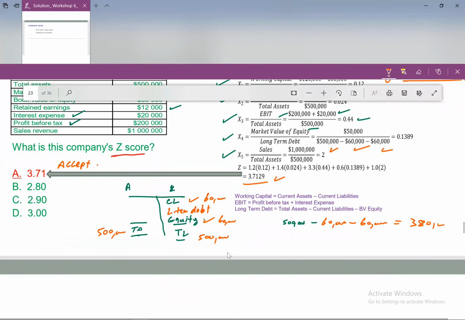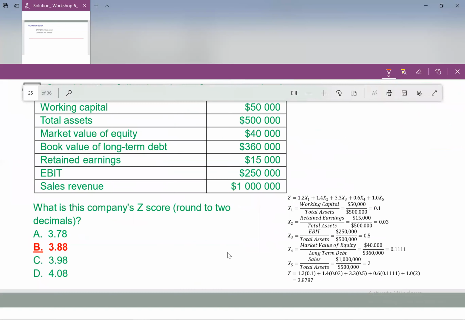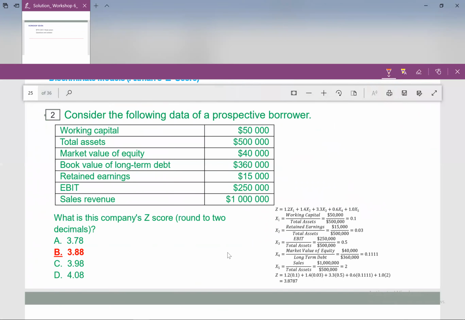Okay, let's go to the next question. Hopefully no problem here, because everything we need is there. The working capital is there. Total asset is there. Market value of equity is there. Book value of long-term debt is there.